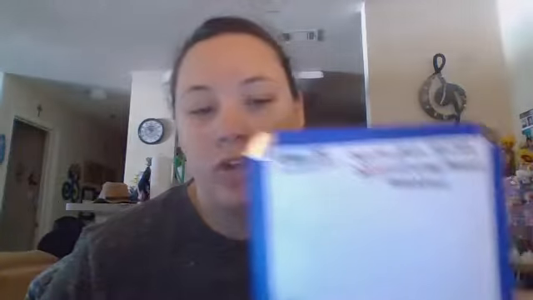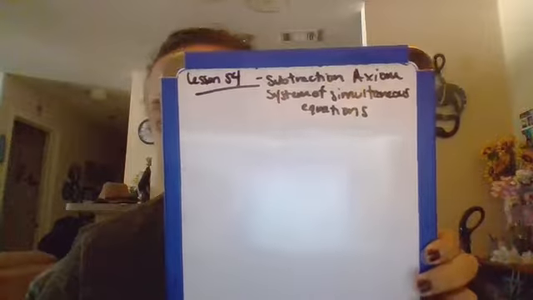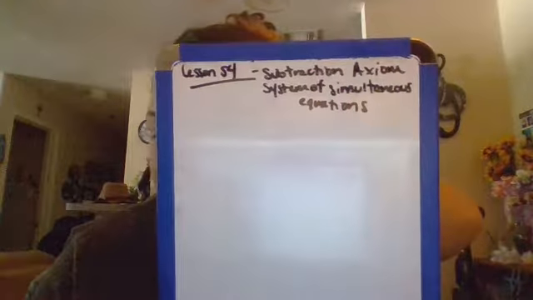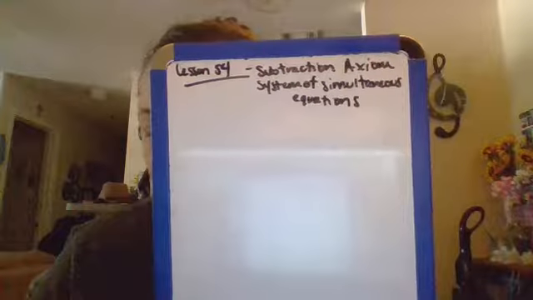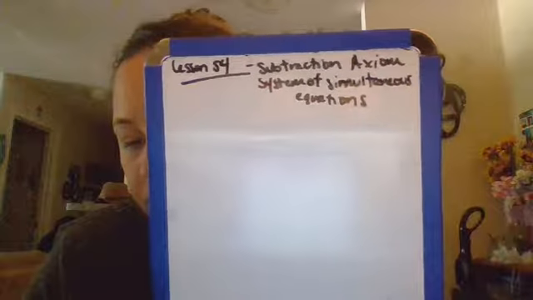Right, so we're going to finish with lesson 54, and lesson 54 is about the subtraction axiom and the system of simultaneous equations. And again, you have the vocabulary for that because they are really long. So the subtraction axiom said that changing the numeral by which a number is named in an expression doesn't change the value of the expression.